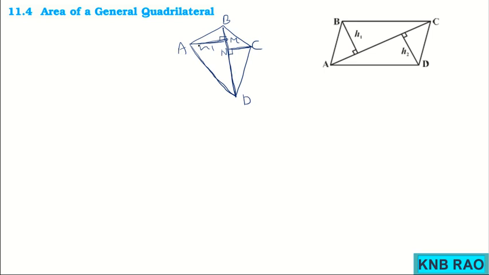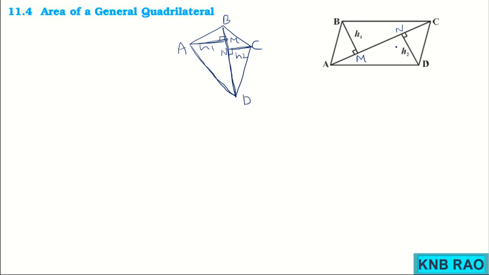Now, height H1 is the length of AM and height H2 is the length of CN. Okay. So, that is how it is done. Here, if you watch, same thing is done. Whereas in this figure, AC is the diagonal, BM is the height H1, DN is the height H2.